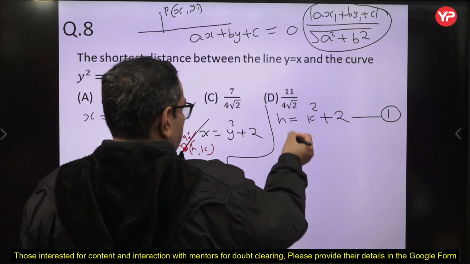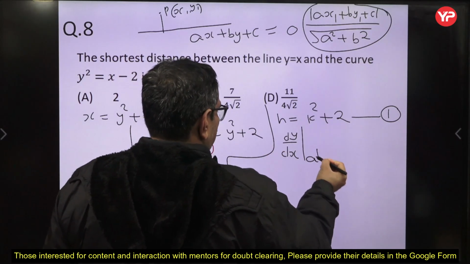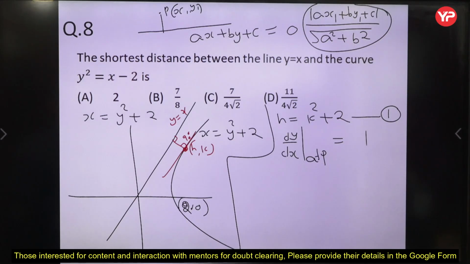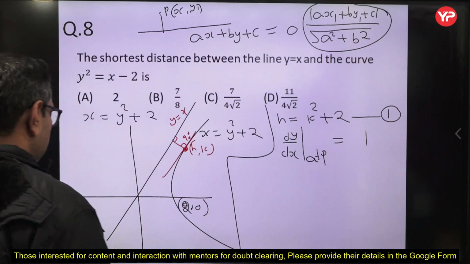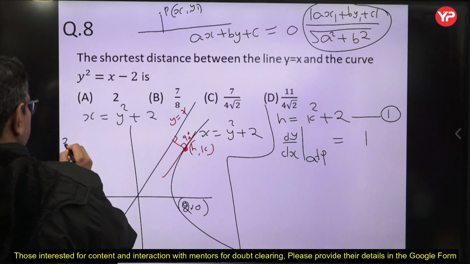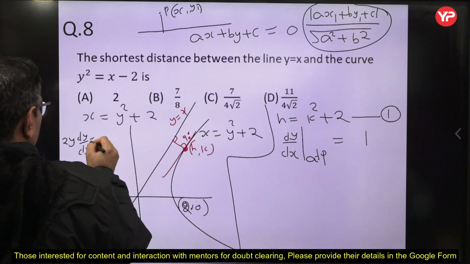Slope is obtained by dy upon dx at a point. So dy upon dx at this point P will be equal to 1. How can we compute dy upon dx? If I differentiate this function, y square equal to x minus 2, we get 2y into dy upon dx equal to 1.